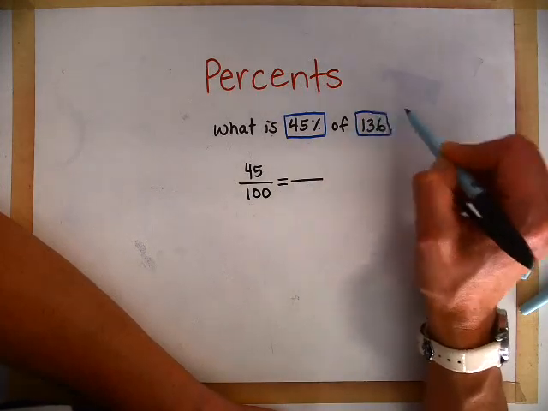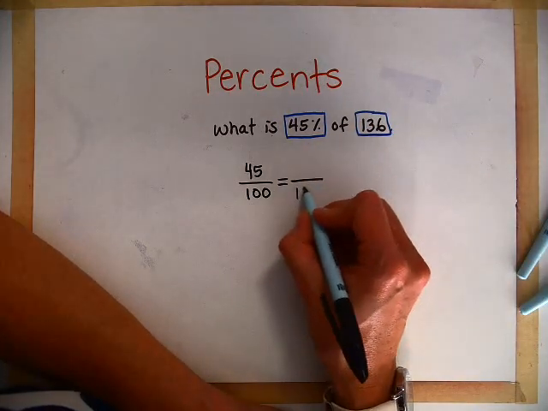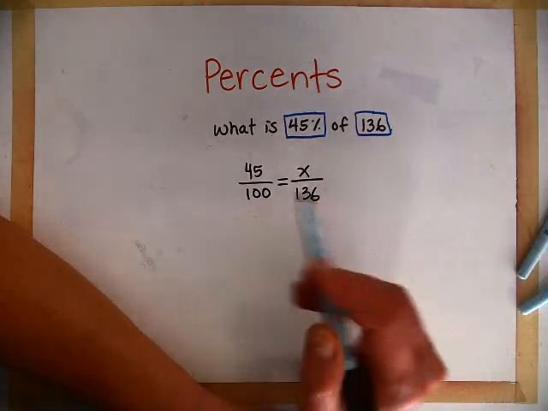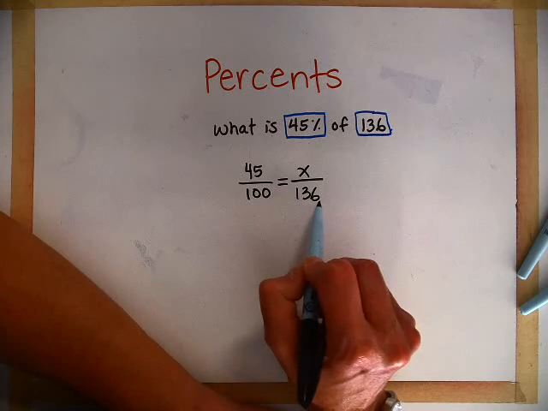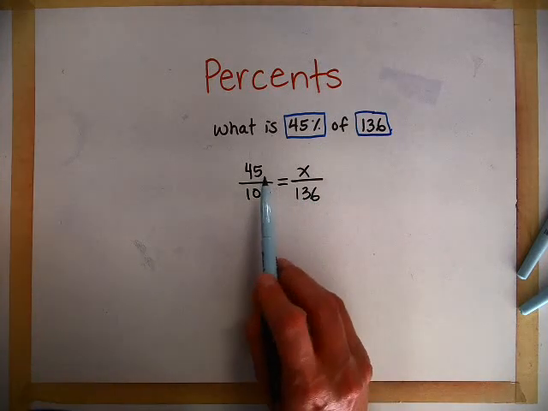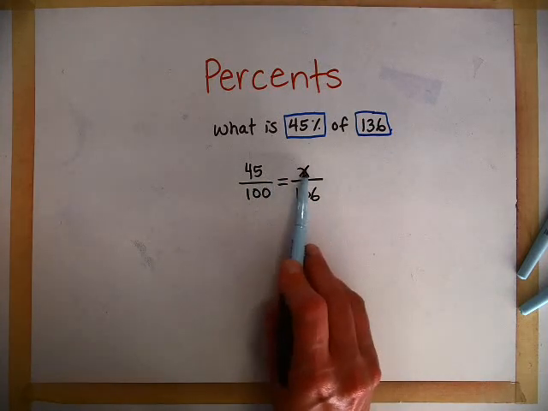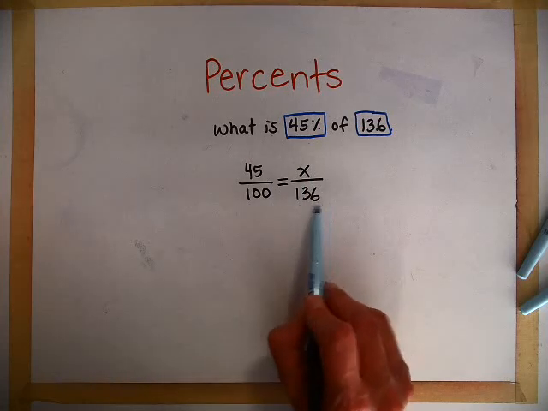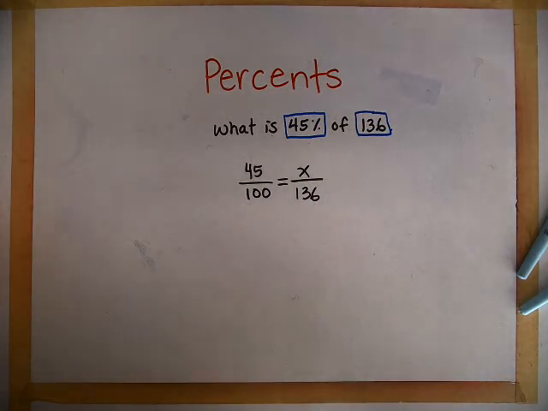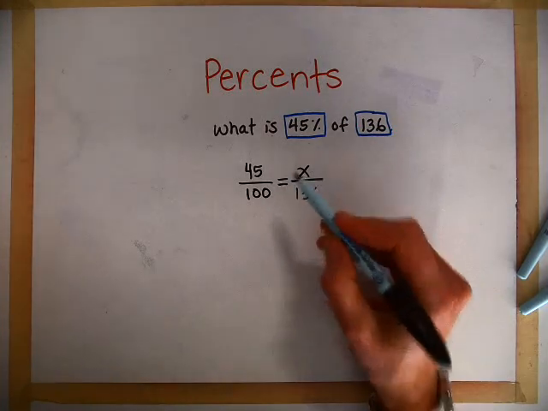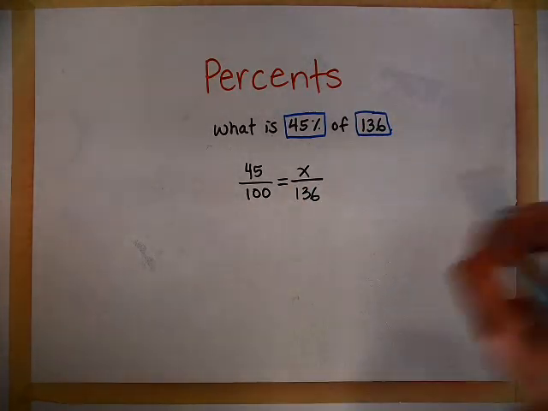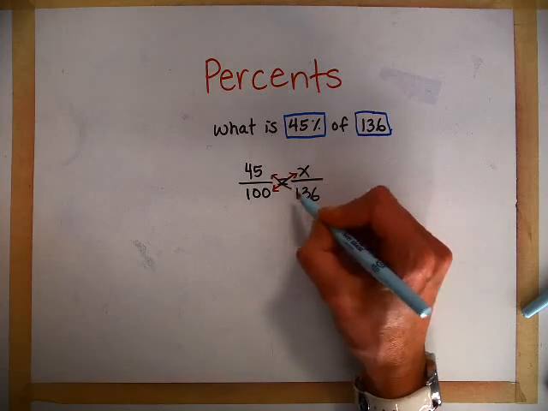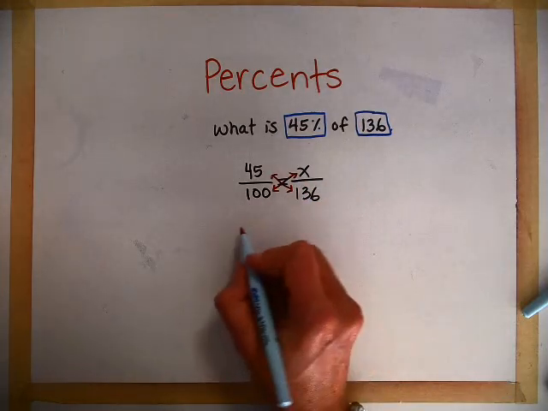So this is my 100% right here. I have my x right across from the 45, and I have my 136 across from the 100 because this amount represents 100%. And then to solve, I'm going to use cross multiplication, which you should get into the habit of knowing how to do.